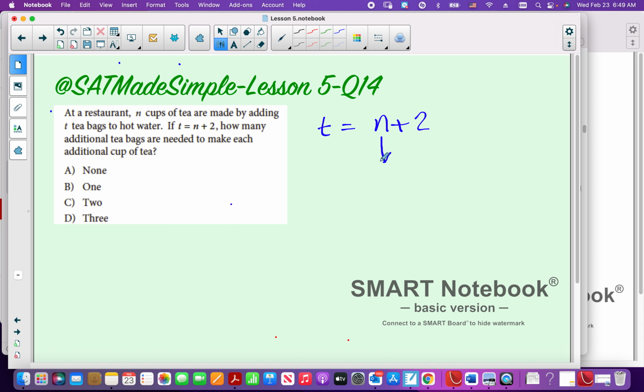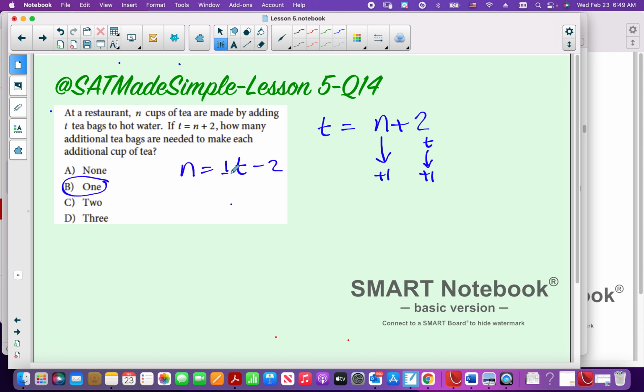If n, the number of cups, is increased by 1, we can see that T also will increase by 1. So that makes one additional tea bag for an additional cup of tea, or you can write n as a function of T. That'll be T minus 2.